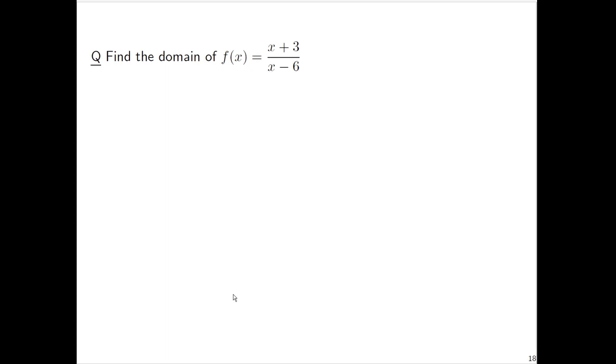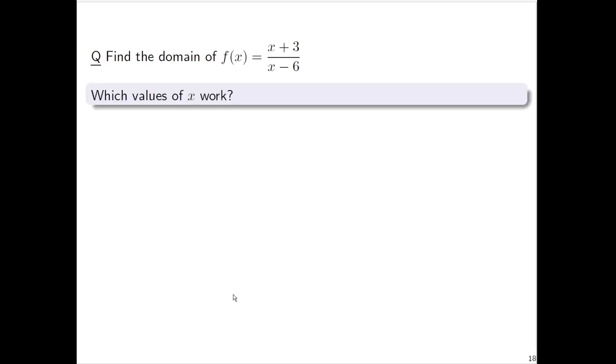So let's find the domain of f of x equals x plus 3 over x minus 6. Which values of x work? That's what domain is trying to ask. Well, we're going to talk about what values of x don't work. We can't have the denominator being 0. We can't have x minus 6 equals 0, so we need to avoid x minus 6 equaling 0. If we add 6 to both sides, we're trying to avoid x equals 6.